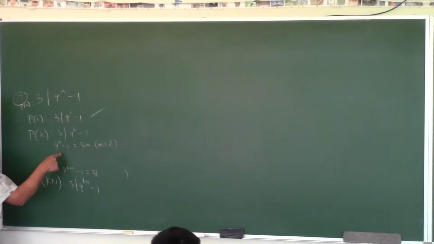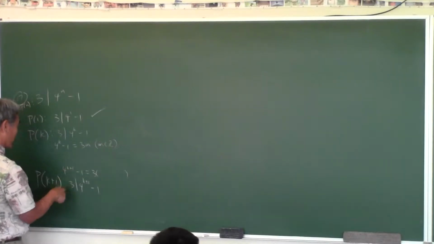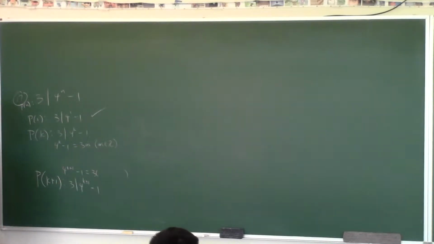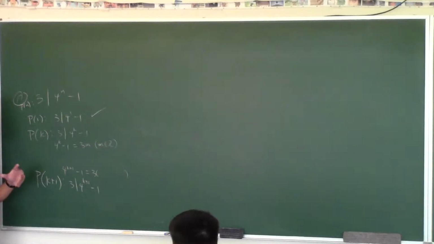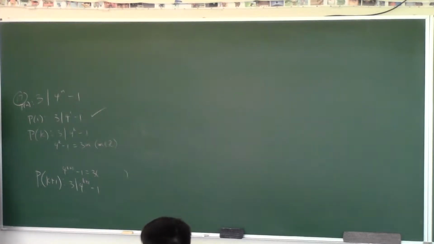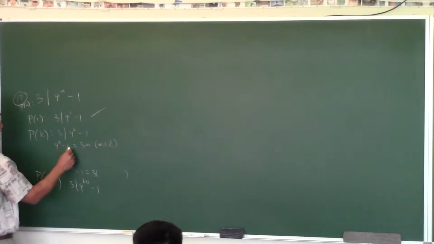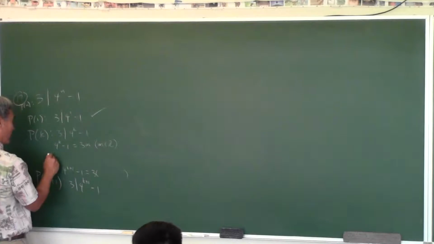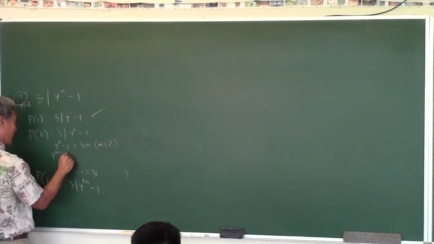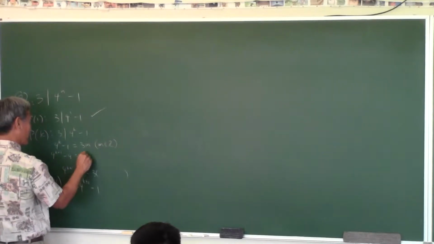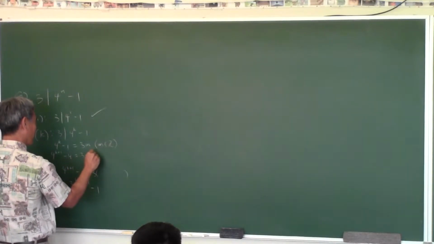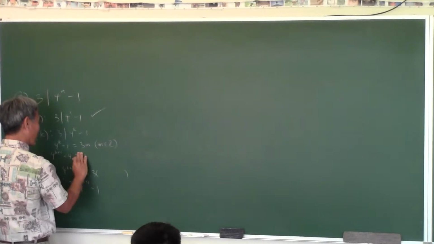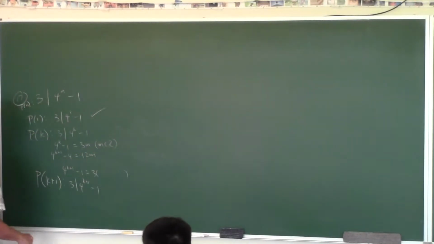Okay, so how can I get from here to here? This is 4 to the k plus 1. What could I do to this equation to get 4 to the k plus 1? You multiply both sides by 4. So in this step, multiply both sides by 4, and you get 4 to the k plus 1 minus 4 is equal to 3m times 4, or 12m.